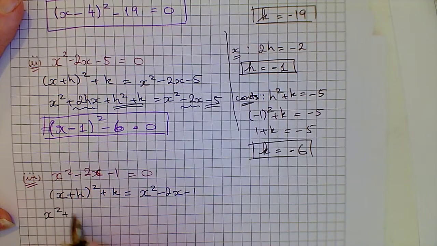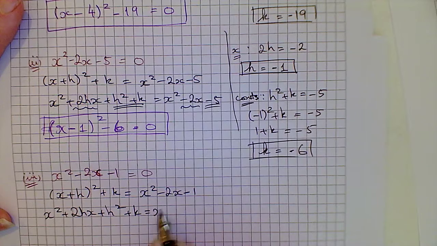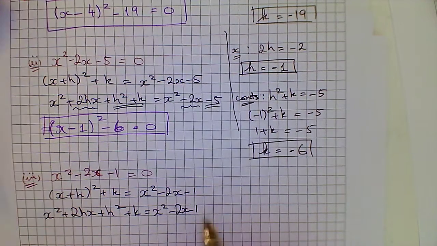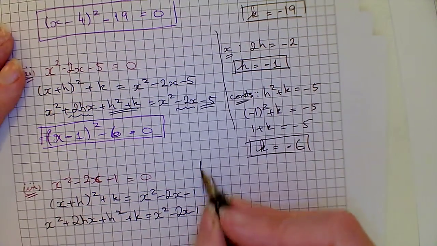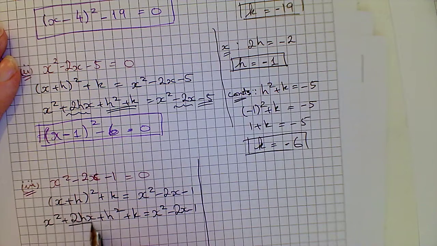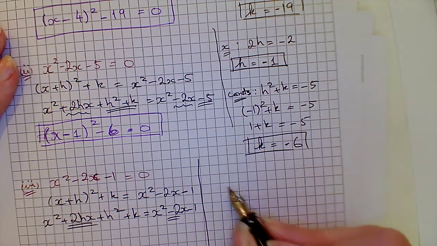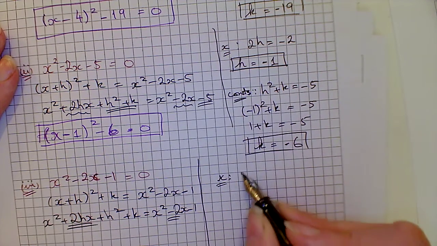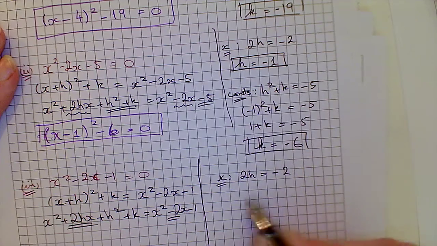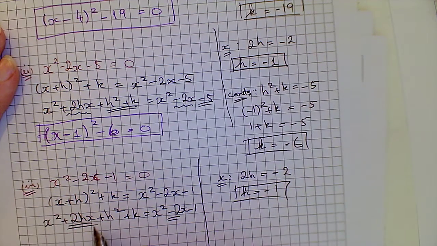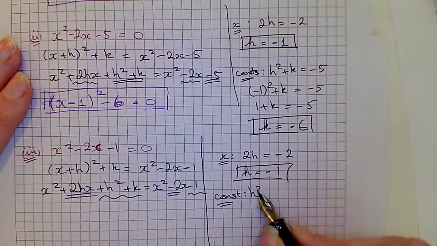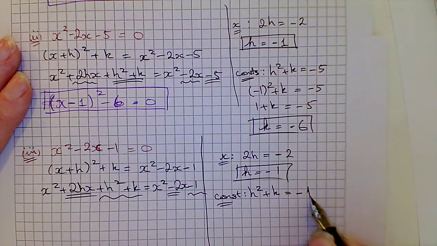Square this out, x squared plus 2hx plus h squared plus k is equal to x squared minus 2x plus 1. And then I equate my x terms. 2h is equal to minus 2, and h is minus 1 again. And my constant terms, we have h squared plus k is equal to minus 1.